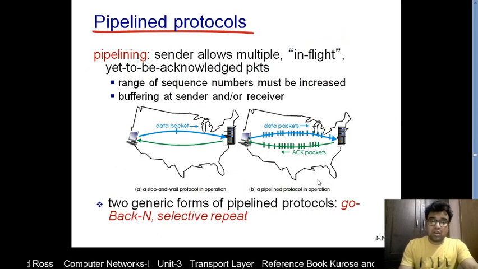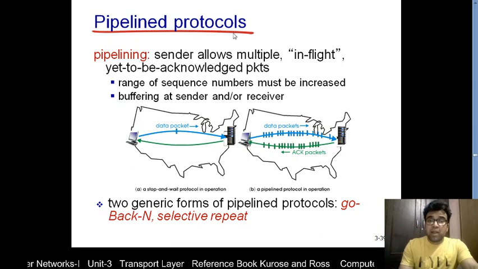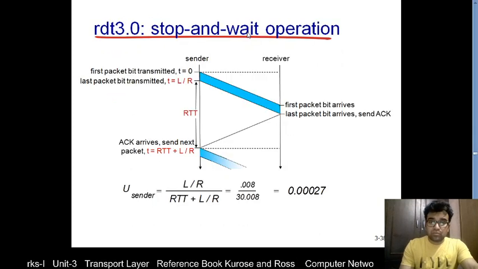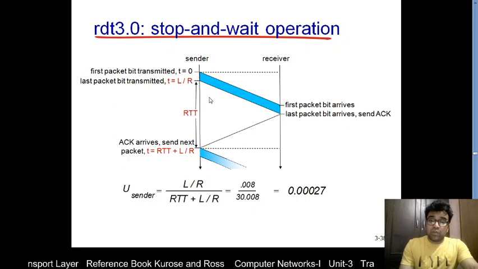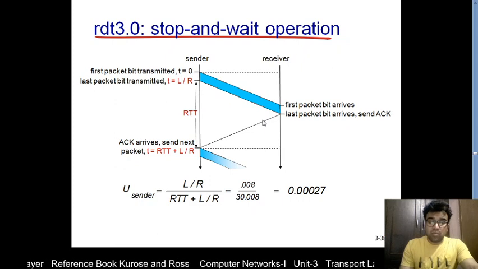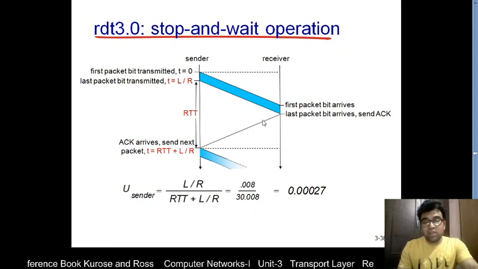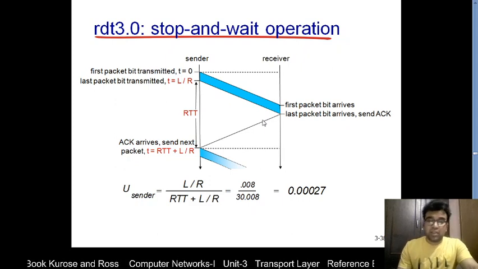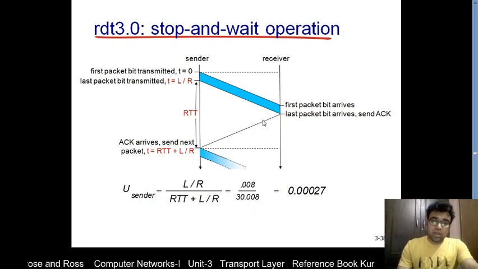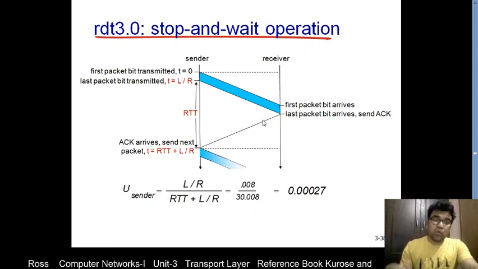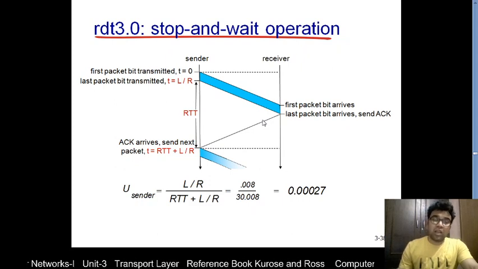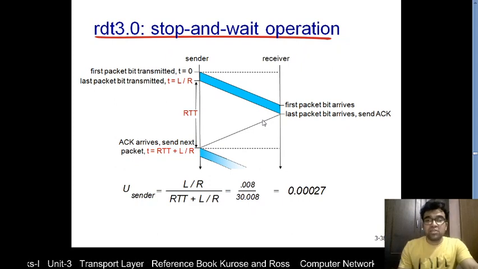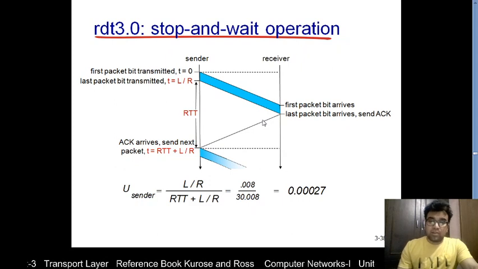In the next lecture, we will discuss these pipeline protocols, in which sender keeps on sending the data without waiting for the acknowledgement, but there is a limit on sending the data without waiting for the acknowledgement. So that we'll see in our coming lectures, how we can improve our reliable data transfer protocol, and how we can increase the utilization of this particular protocol.